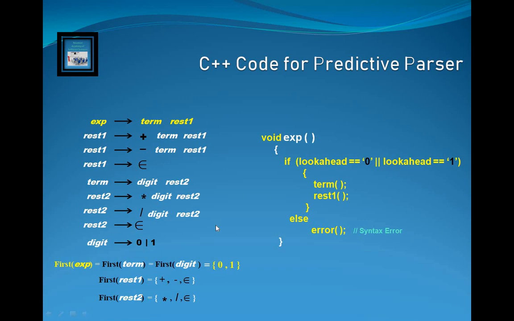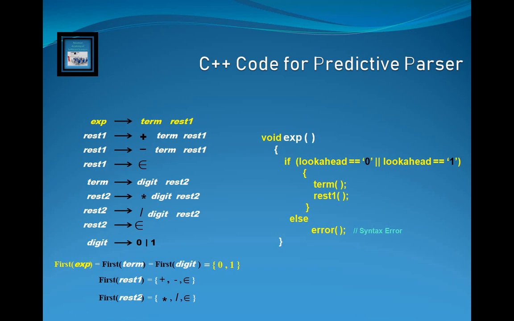By seeing these two things, we can write the code of exp as follows. The current token which we are going to see within the string of input tokens is called the look ahead.